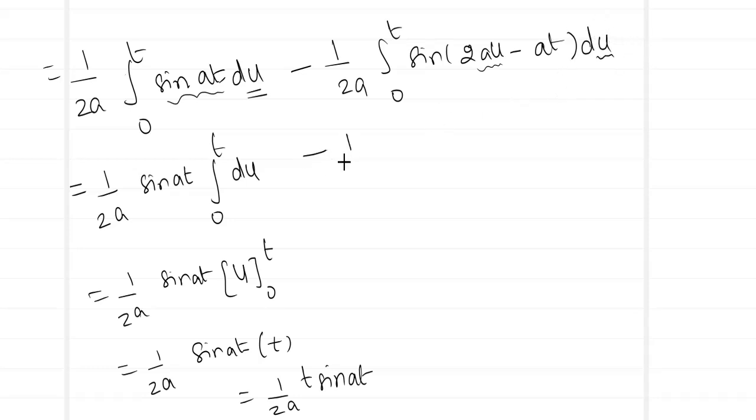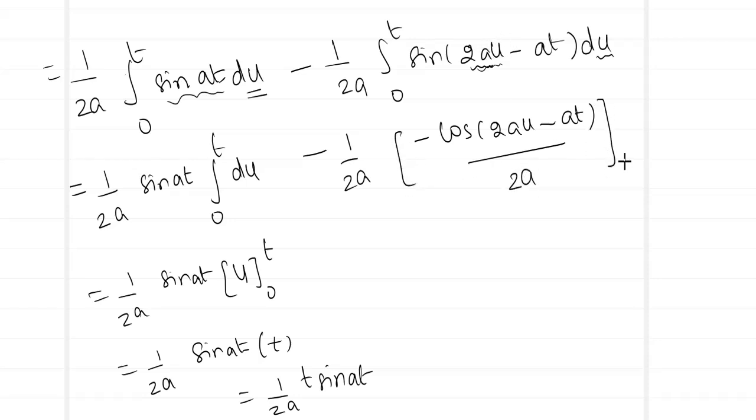Hence, on integration, sine theta gives you minus cos of 2au minus at, divided by the coefficient of u with respect to integration. What is going to be the constant appearing here along with u? So it is going to be divided by 2a. This has to be applied between the limits 0 to t.